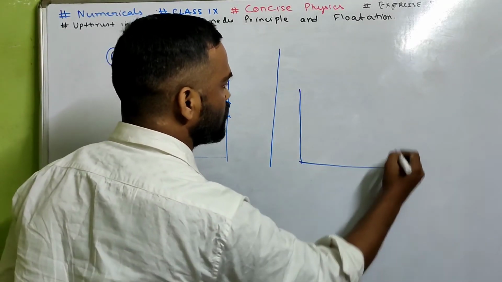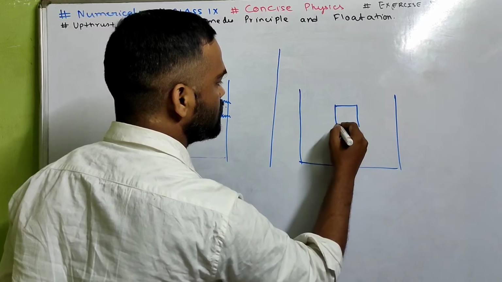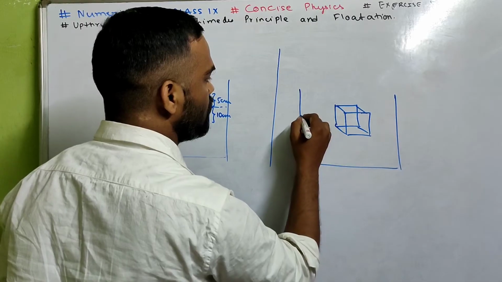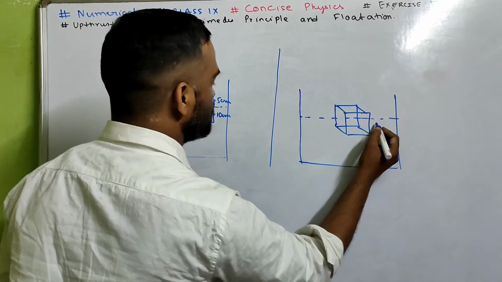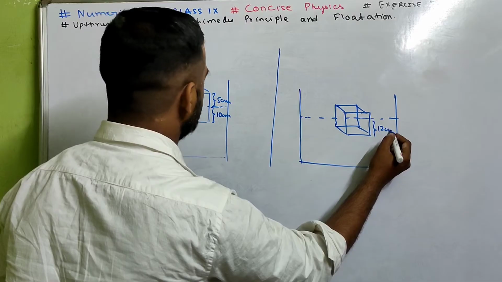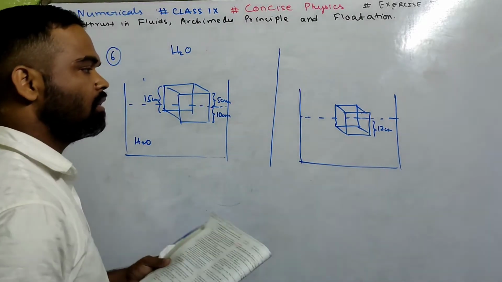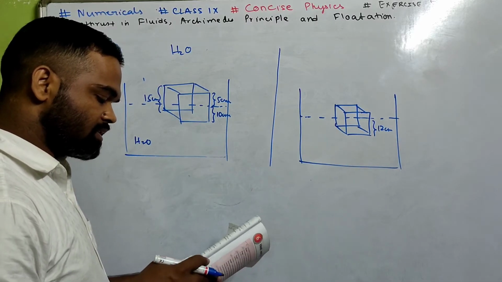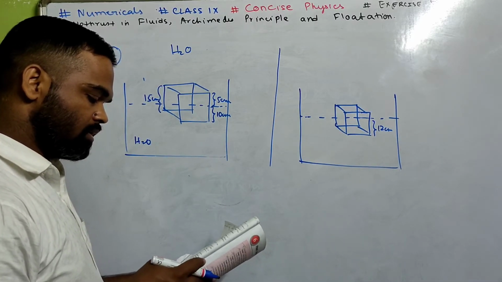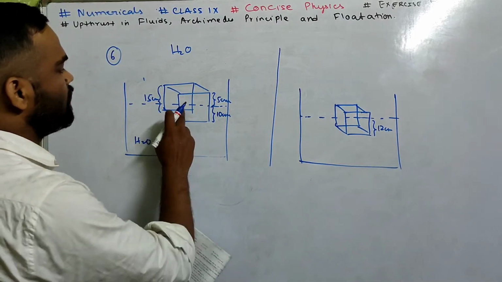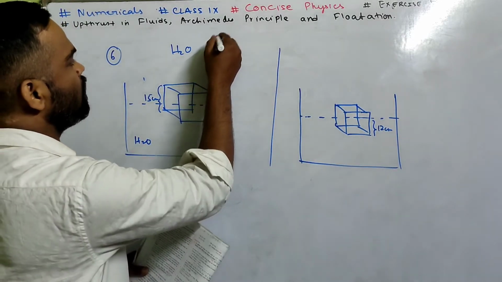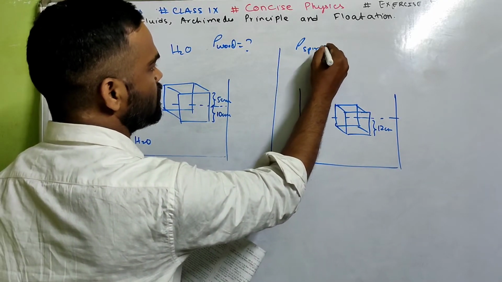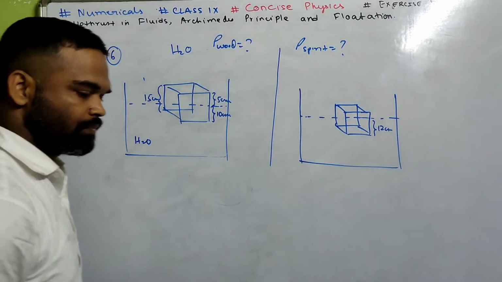So you have another liquid, spirit, and in that 12 centimeter is inside. They've told us to find the density of wood and the density of spirit.